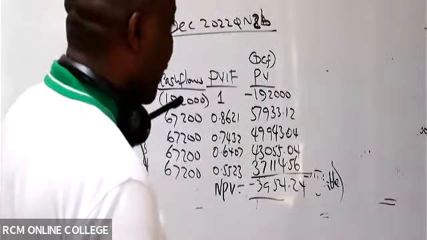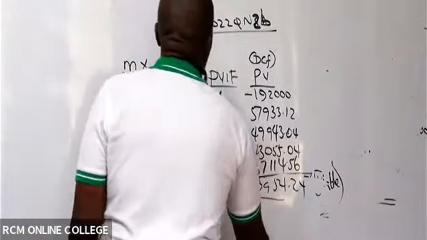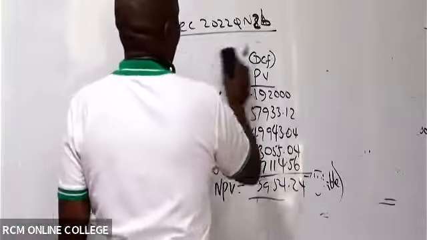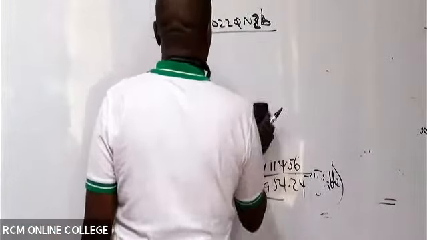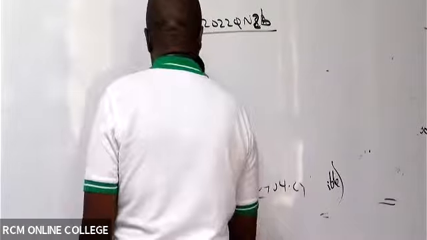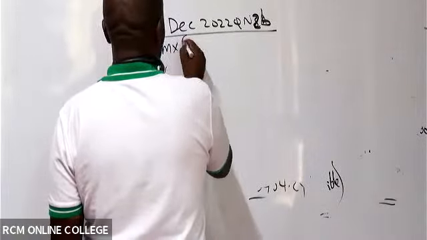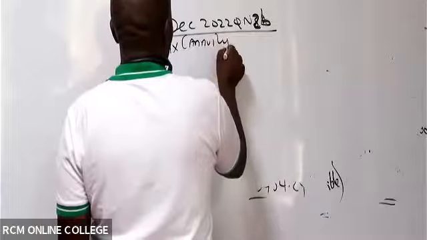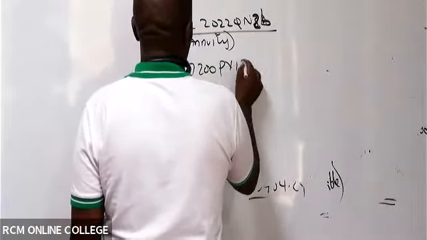Minus 39,54.24, like that. Another bright student would have thought of doing this question this way. Somebody would have come here and said, this MX is an annuity. So they would have taken this 67,200 times PV-FA.